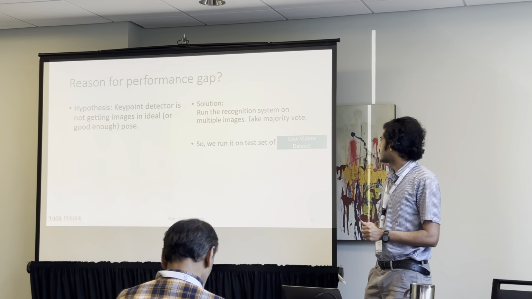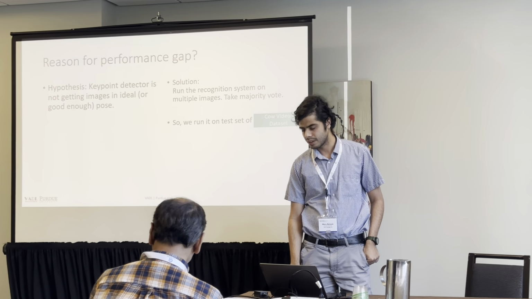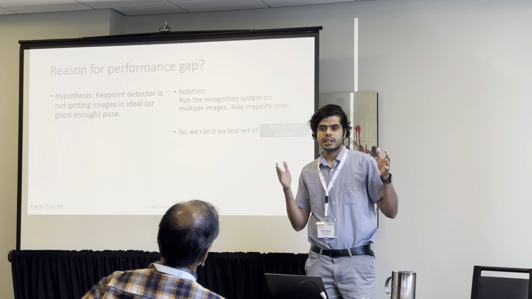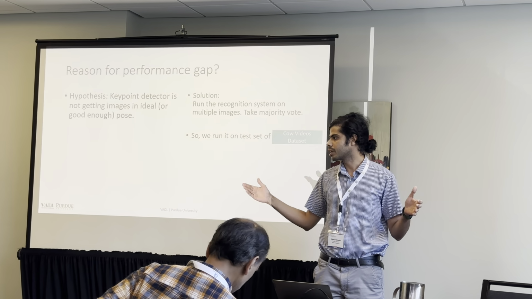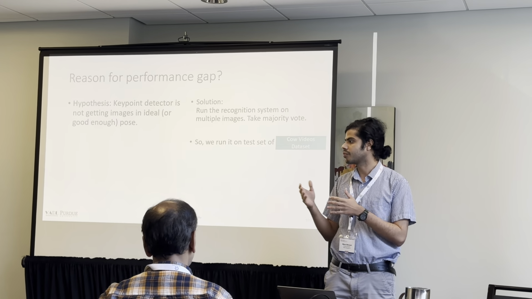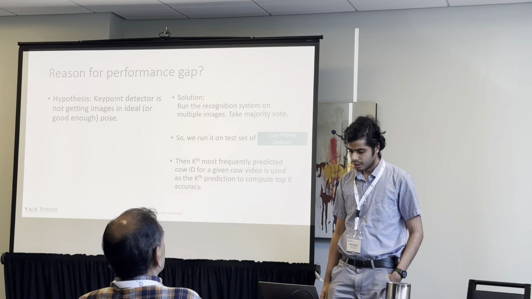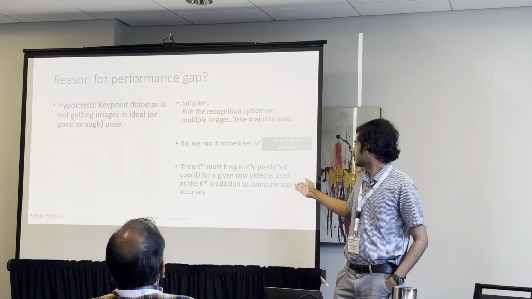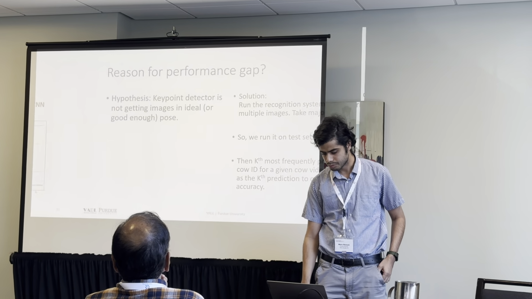So we run it on a test set of the cow videos dataset instead of the cow images dataset. We run the recognition system on an entire video, get predictions from each frame, and take the majority vote to be our final prediction. And the kth most frequently predicted cow ID for a given cow video is used as the kth prediction to compute our top K accuracy.